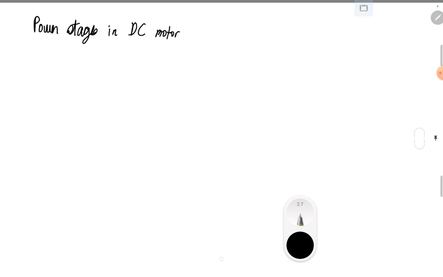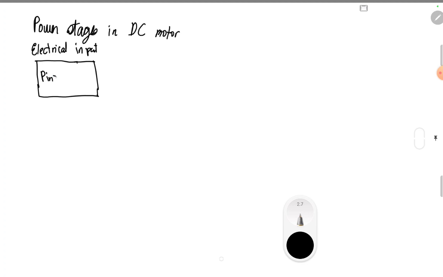First is, of course, we'll have our input power. In this case, our input power will be our electrical input. So we would put power in the terminals of our generator.